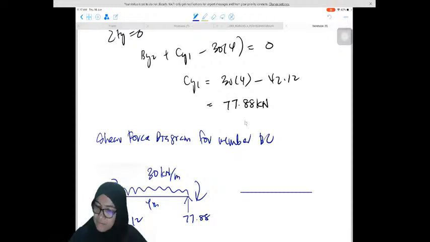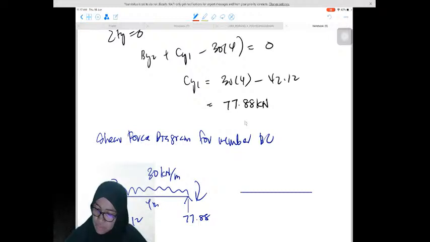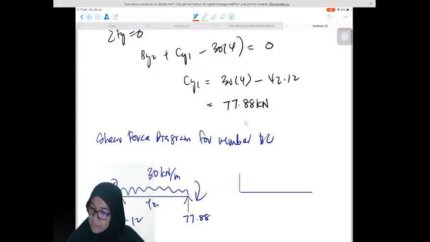The shear force diagram starts from 0, goes up to 42.12, then minus 120, we get negative 77.88. So this is the shear force diagram.